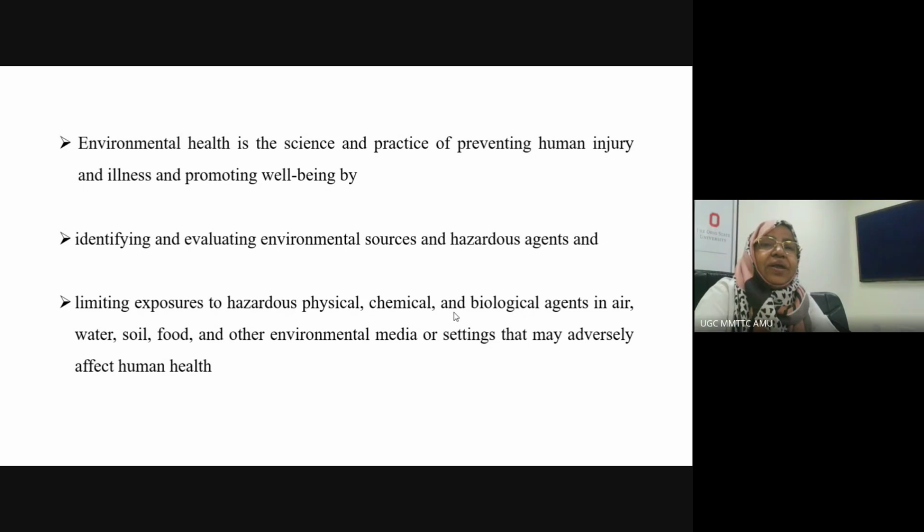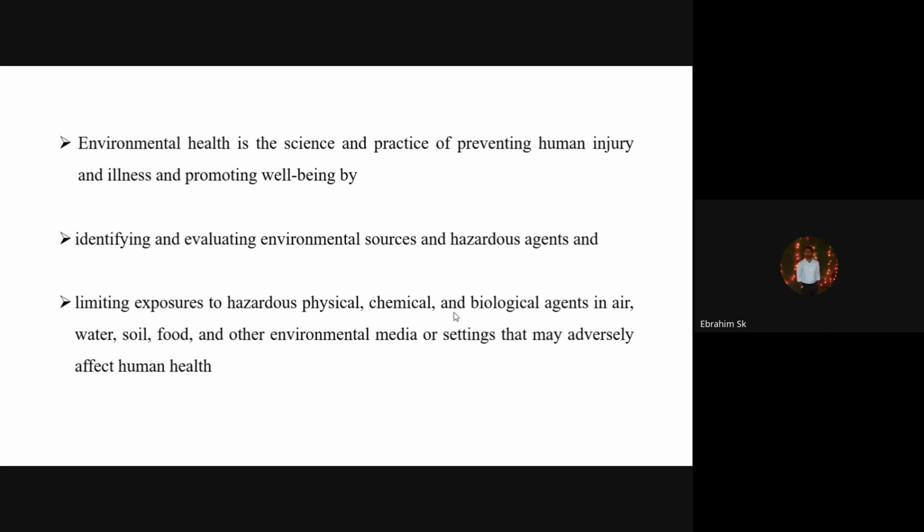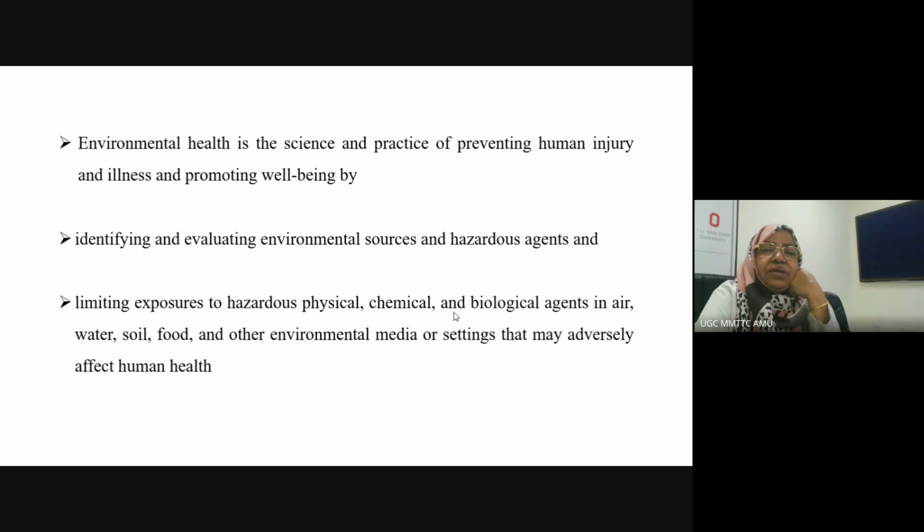So, environmental health is the science and practice of preventing human injury and illness and promoting well-being by identifying and evaluating environmental sources and hazardous agents, limiting exposures to hazardous physical, chemical, and biological agents in air, water, soil, food, and other environmental media or settings that may adversely affect human health.